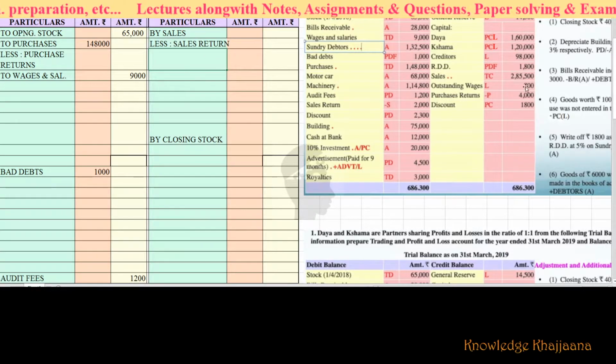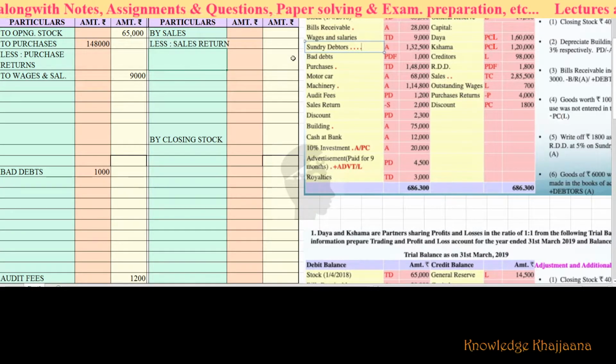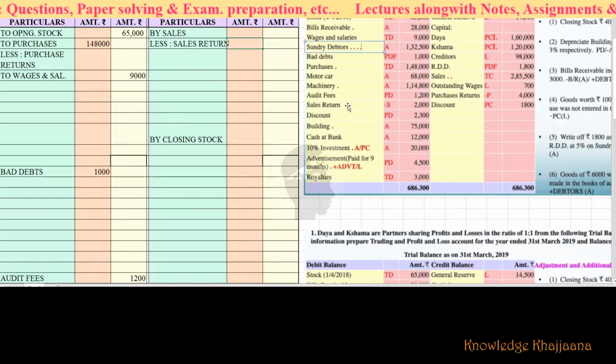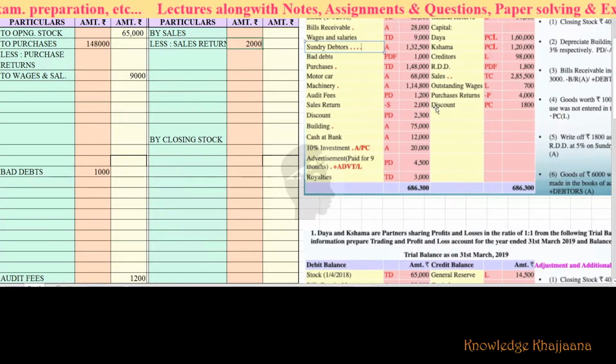How much is the amount of sales return? Rupees 2,000. So we'll write it in the inner column, rupees 2,000.